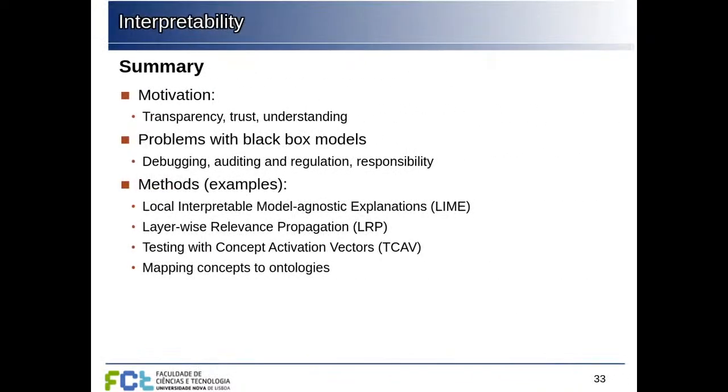Okay, so to sum up, we saw the motivation for transparency. Basically, when we have very complex models like deep neural networks, it's very hard to understand how they're working, and they work like a black box.